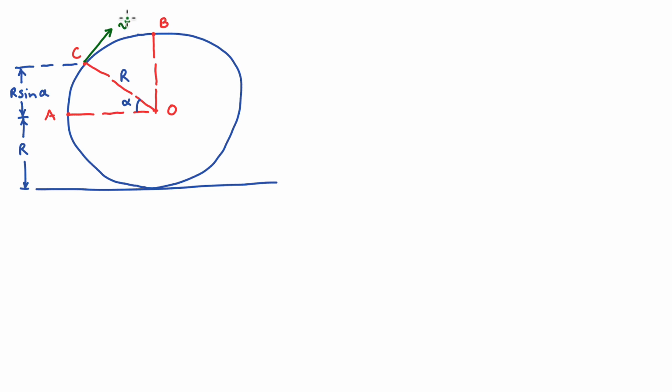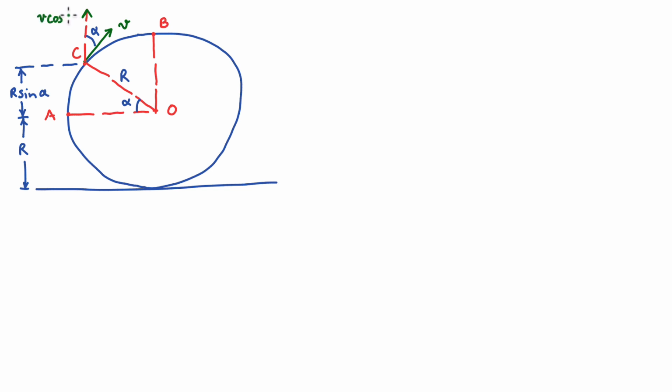If we were to draw a vertical line through the point C, the angle between this vertical line and the tangent v is equal to alpha, because two lines perpendicular to these two lines, namely the radius OC and the horizontal OA, make the same angle.